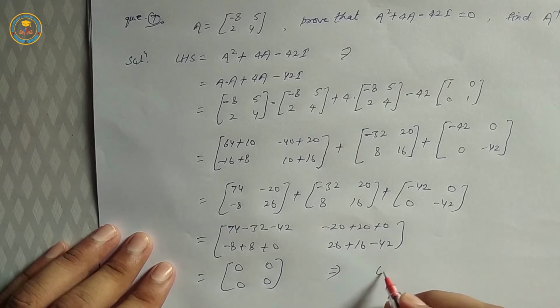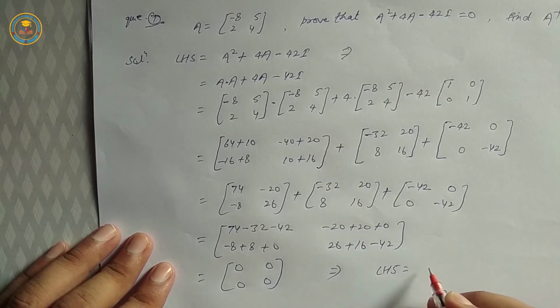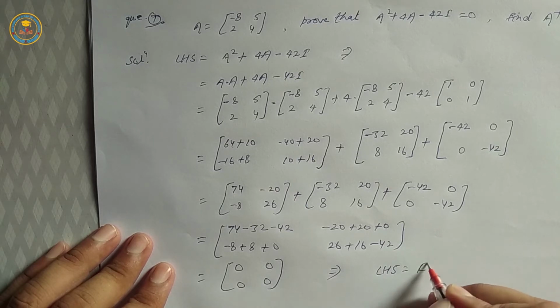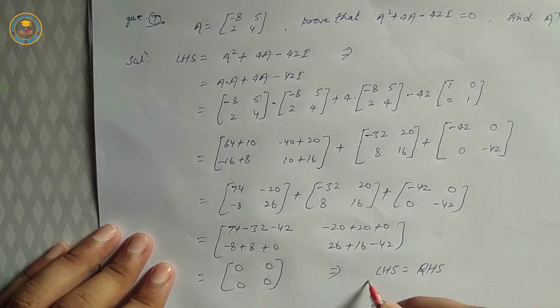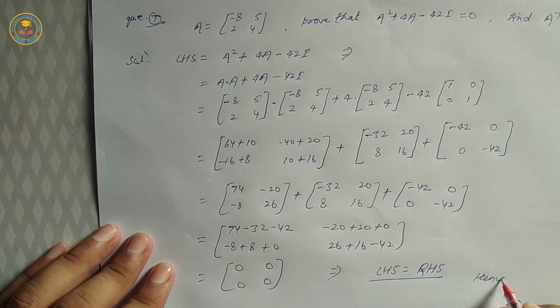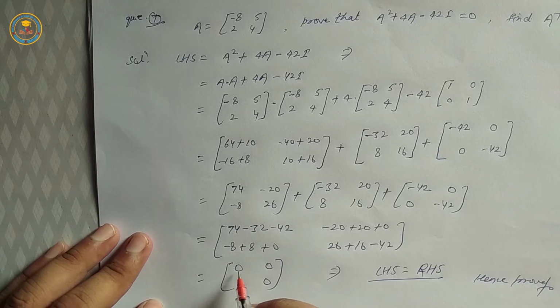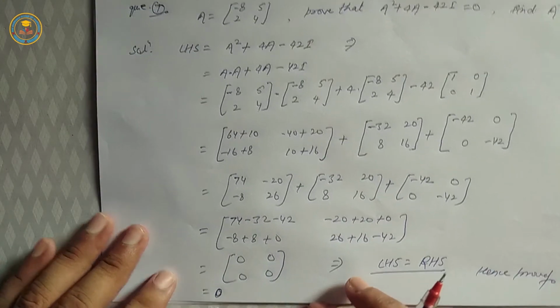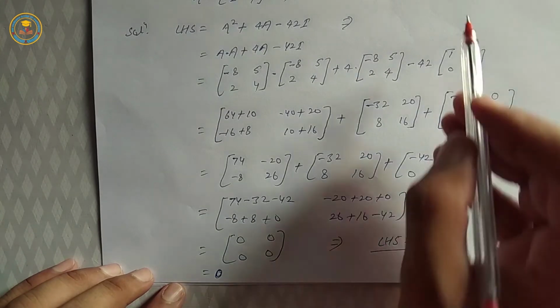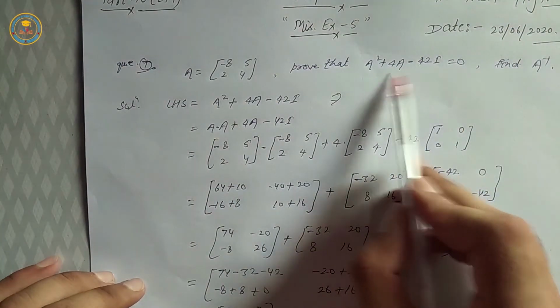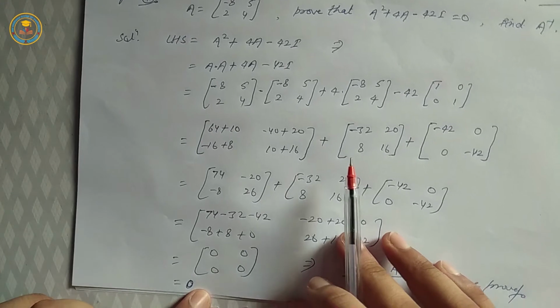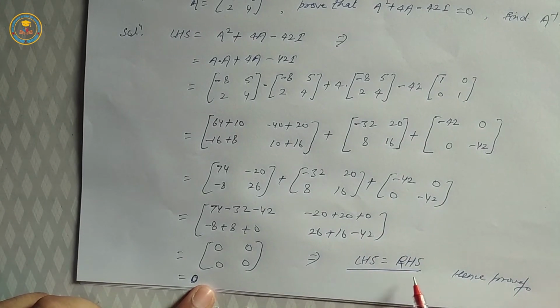Implies LHS is equal to RHS. Hence proved. Okay, because 0 0 0 0 is equal to the zero matrix, it means LHS is equal to 0. Hence LHS is equal to RHS.